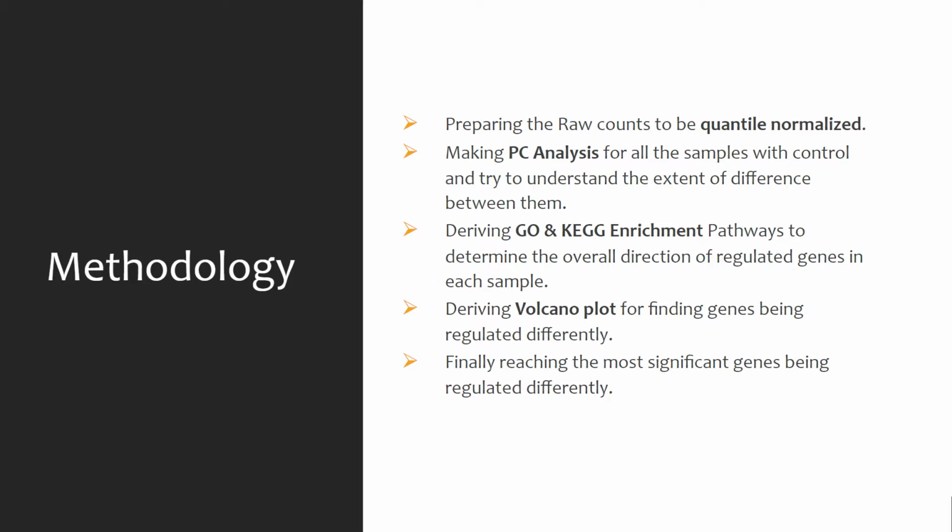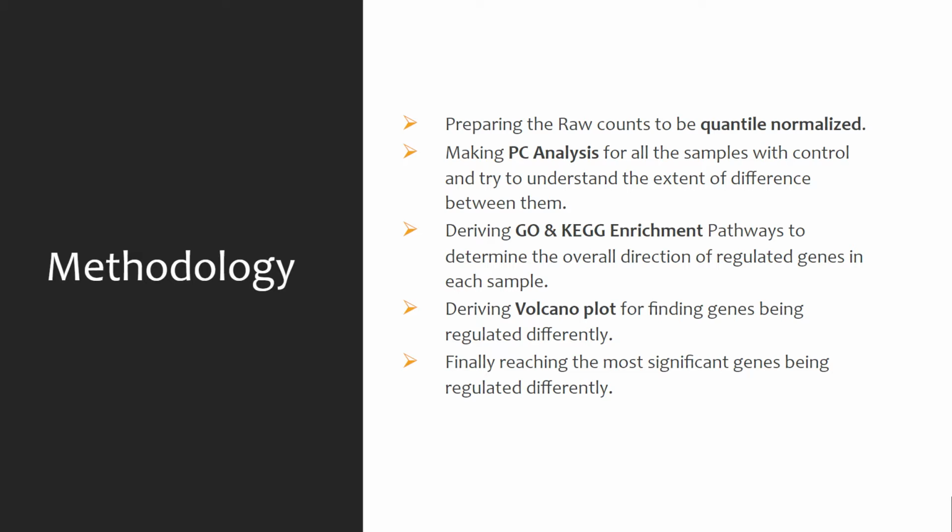Now the methodology I have adopted to study the dataset they produced is, first of all, we convert the TPM values to raw counts, preparing the raw counts by batch filtering and other methods and doing a quantile normalization for them.